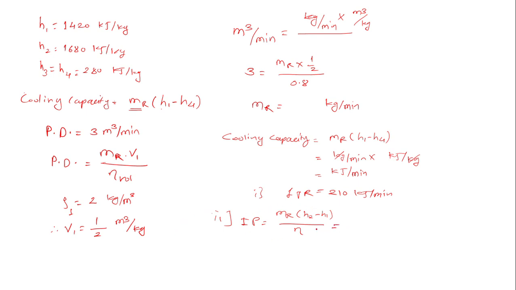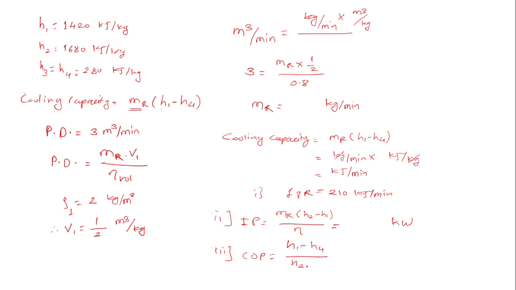Again, if you put mr in kg per minute, you will get the indicated power in kilojoule per minute. Convert that to kilowatt, because generally power is represented in kilowatt. So divide the entire answer by 60 to get the indicated power in kilowatt.